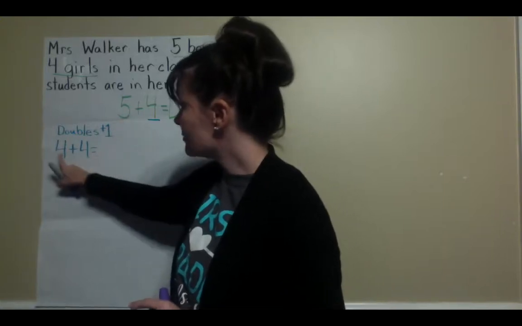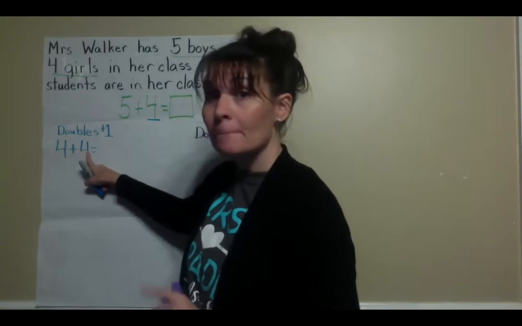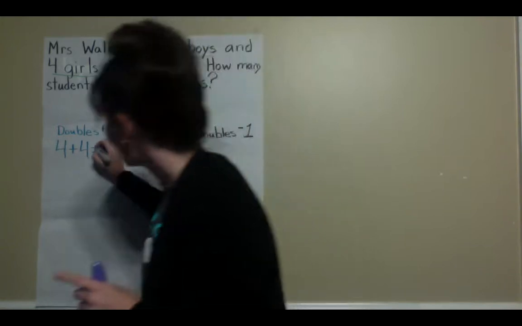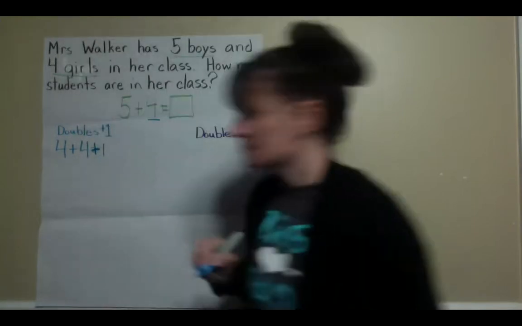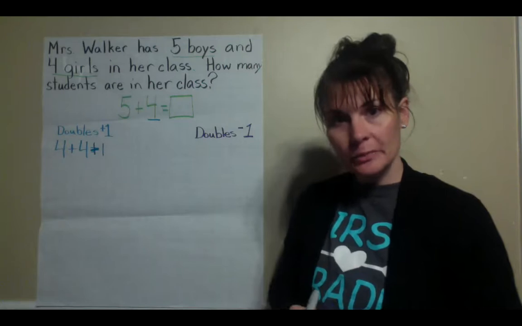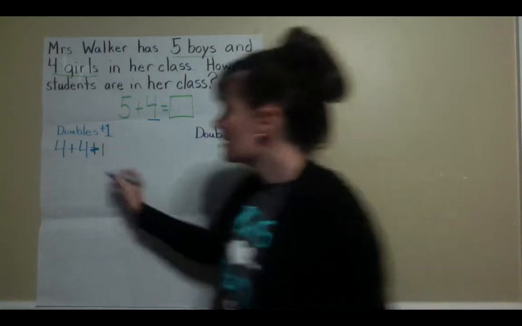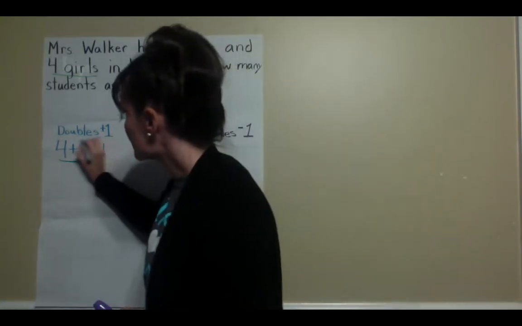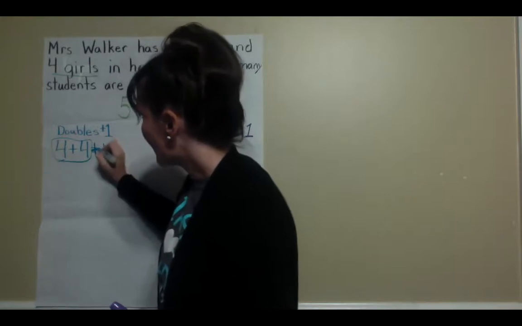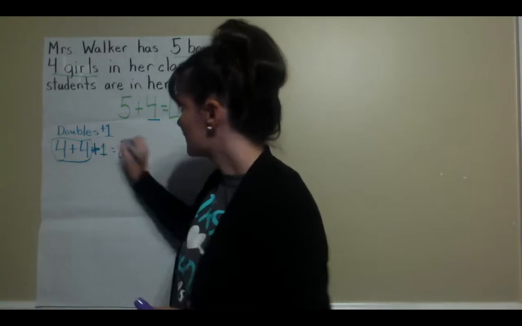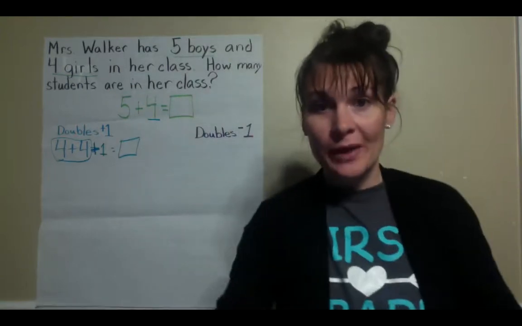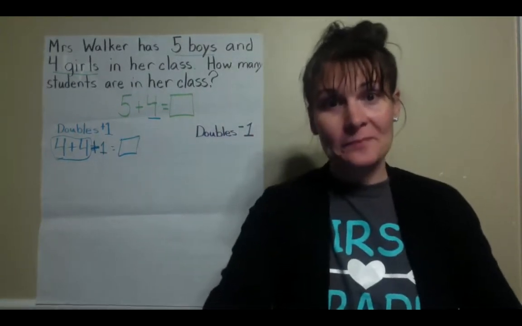So I would have 4 plus 4 plus 1. Great thinking. So what would my answer be? Solve your double first, and then add your plus 1. Solve that on your paper if you haven't already, and then hit play.